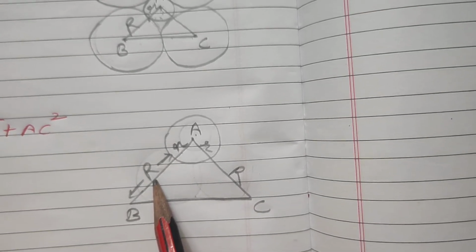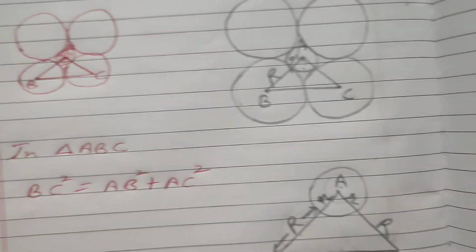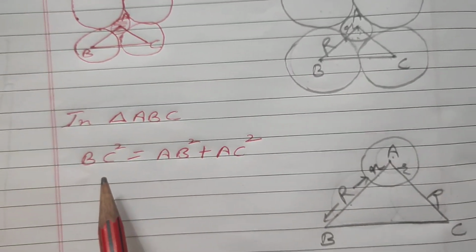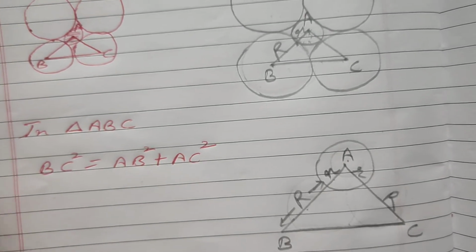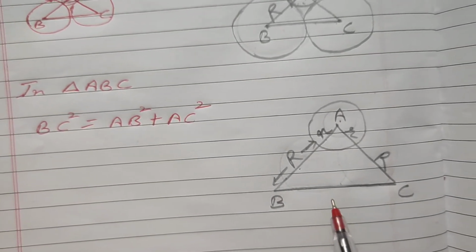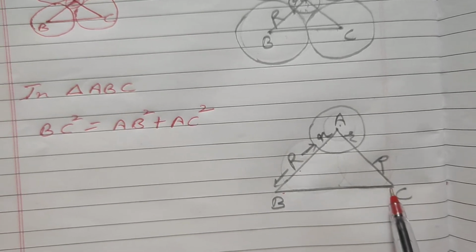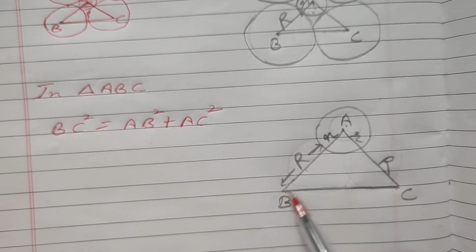Now in this triangle ABC, BC square is equal to AB square plus AC square. Now put the values. BC you have to calculate. What is AB?